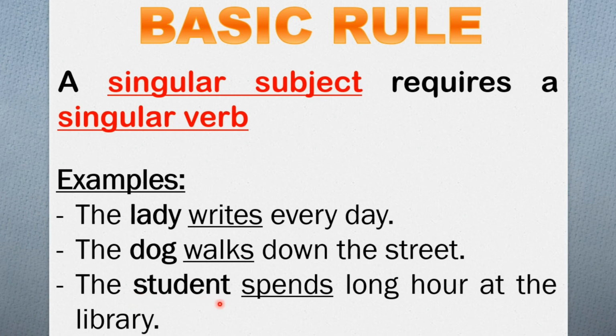Next one, the student spends long hours at the library. The word student here is the singular subject. It doesn't end with s. And spends here is your singular verb. Spend is the stem and just add s, so it became a singular verb. So singular subject and singular verb.